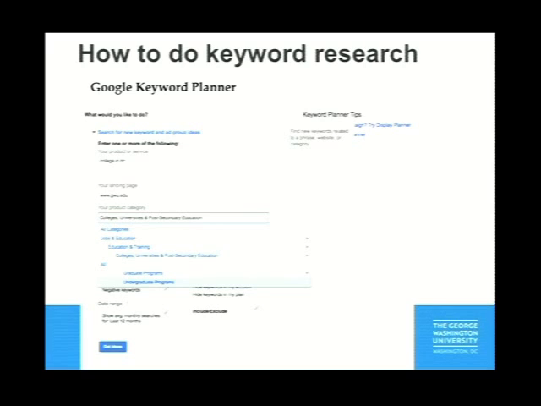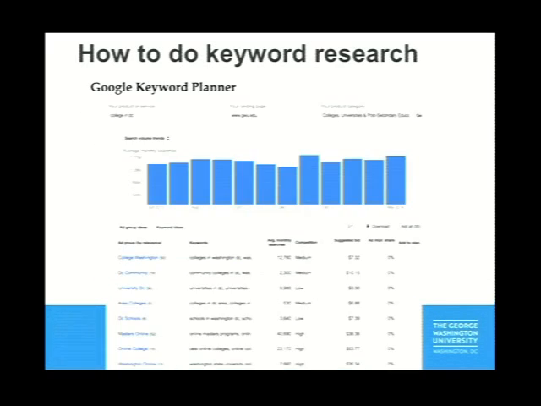Google Keyword Planner, which is part of AdWords, is another great tool to find keywords related to your content. It's pretty easy to set up. You can pick one or a series of keyword phrases or keywords, your industry, and then it will spit out a number of different options and keyword groups that you might be able to use.